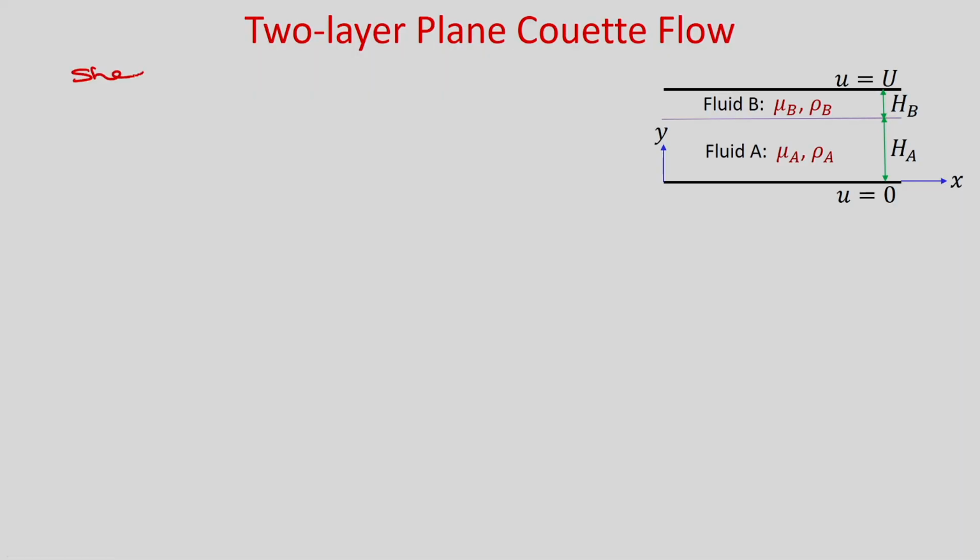Now, let us find the shear stress distribution in the fluid domains A and B. So, shear stress you can find: tau_yx for fluid A as mu_A du_A by dy, and we will get mu_A C1A. Okay.